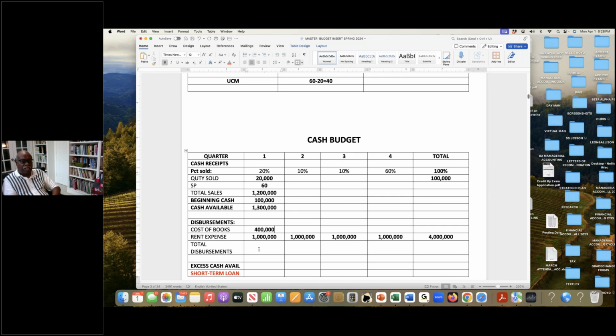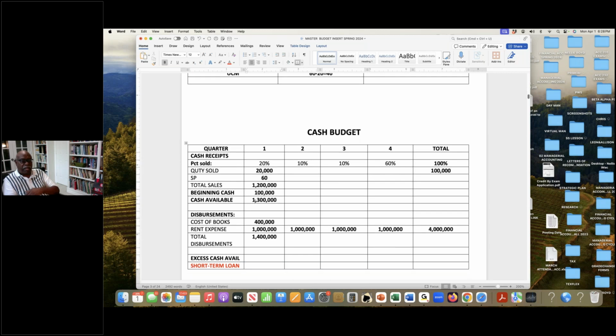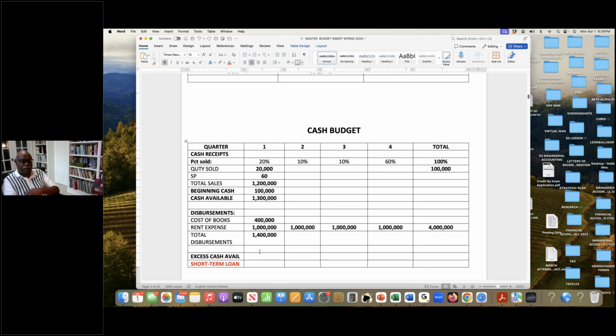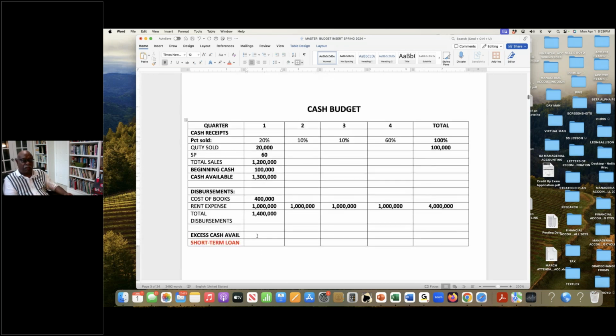And so our total disbursements are 1,400,000. We need to pay 1,400,000, and we only have 1,300,000.